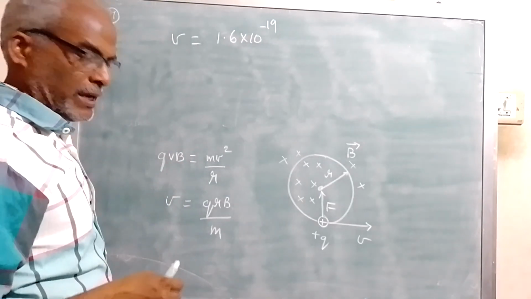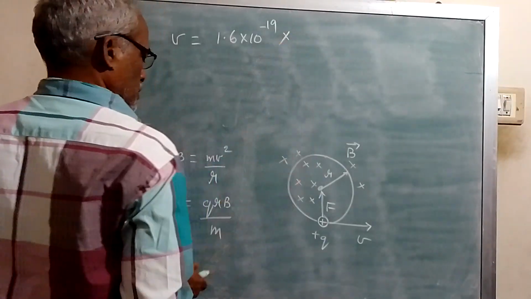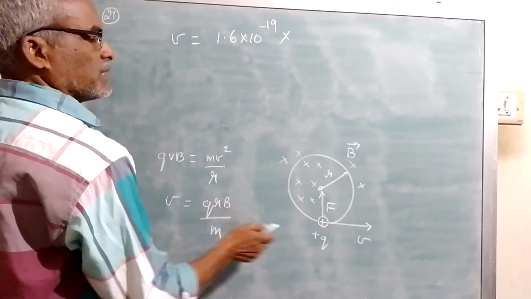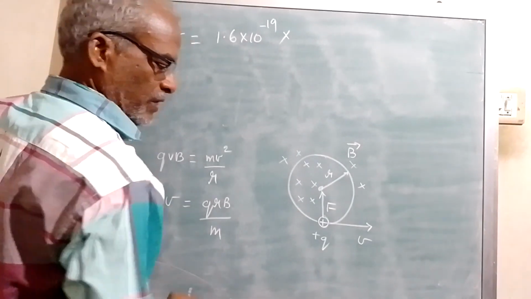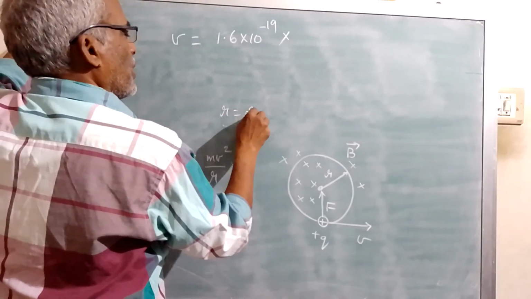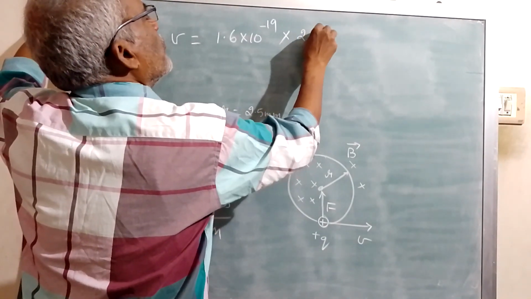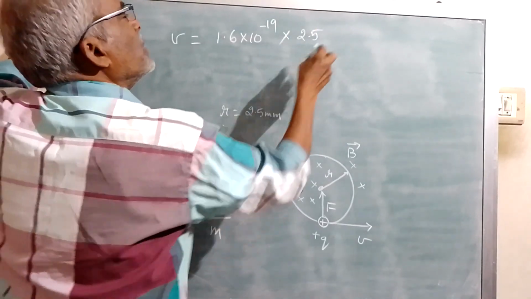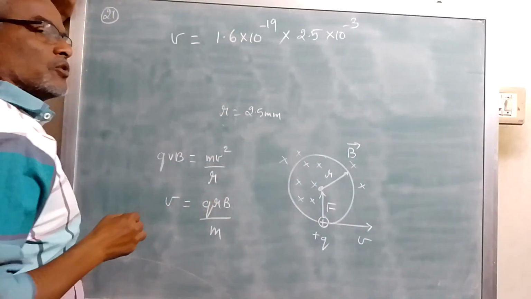So we have substituted Q. Radius is given as 2.5 millimeter. 2.5 milli means 10 power minus 3, so you can convert into meter.